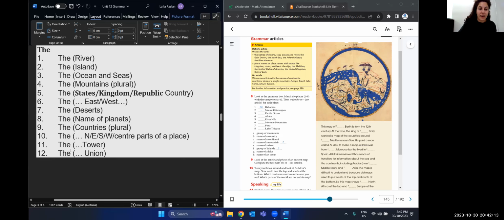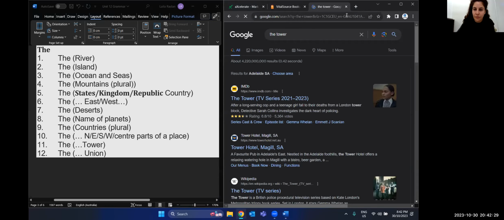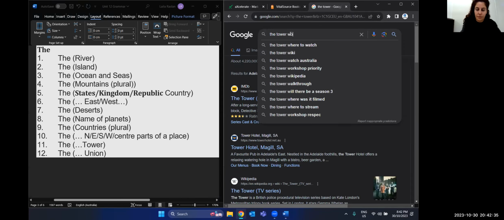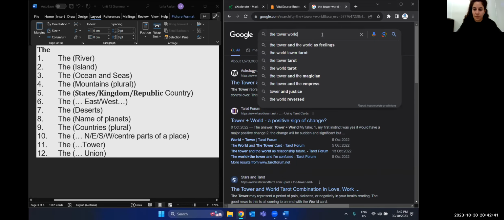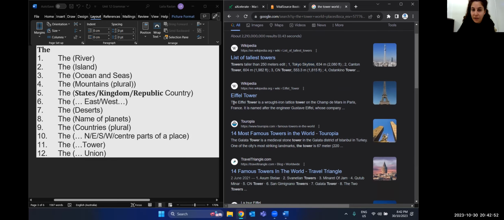If you have a tower, you need to say the, like the Tokyo Skytree, the Eiffel Tower.